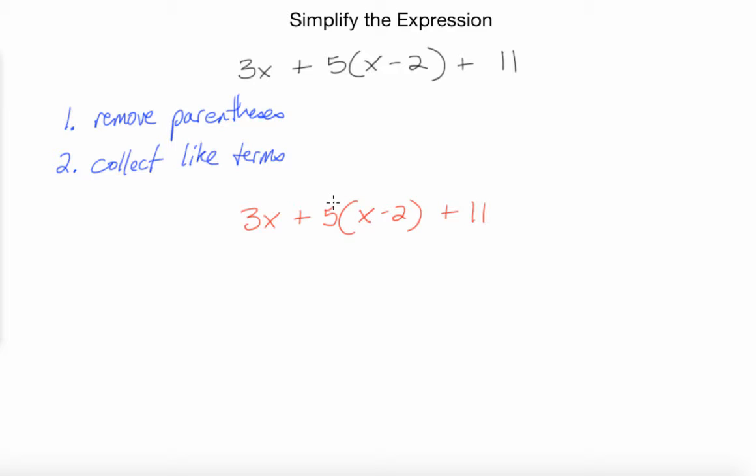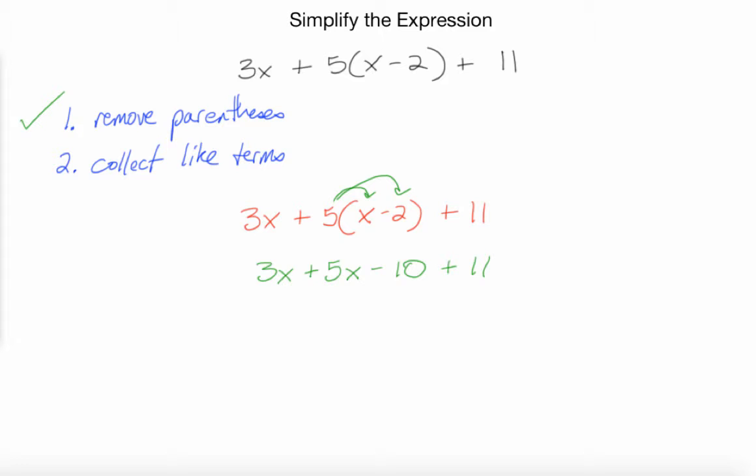So we're going to multiply individually using the distributive property times 5. That gives me 5 times x, and then minus 5 times 2, which is 10. I still have my 3x term out in front here being added to it, and I have my 11. So there, everything's wide open. We removed parentheses, check, that's done.